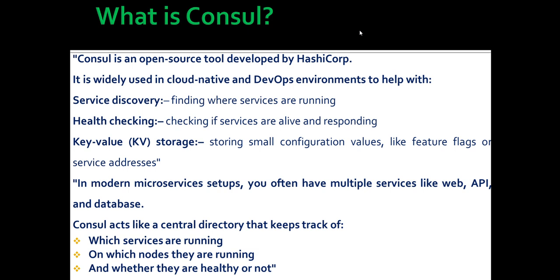We can also store small configuration values like feature flags and service addresses. Mostly it is a central directory that keeps track of which services are running, which nodes they are running on, and whether they are healthy or not.